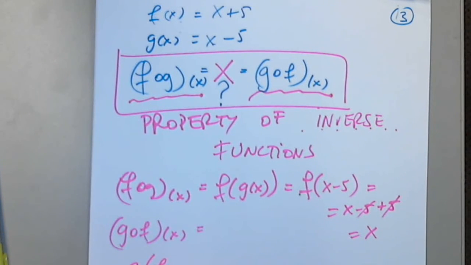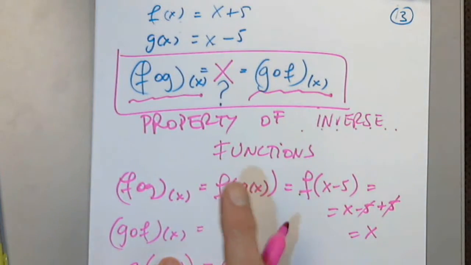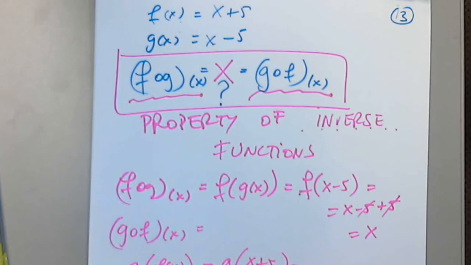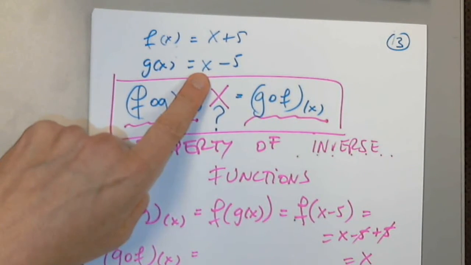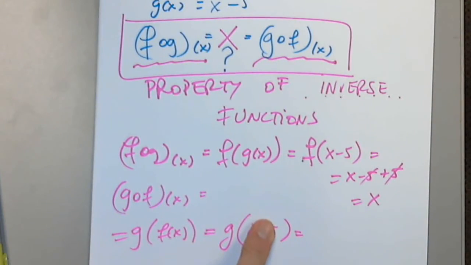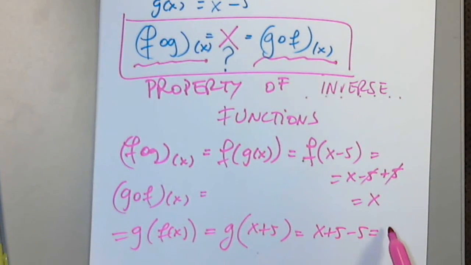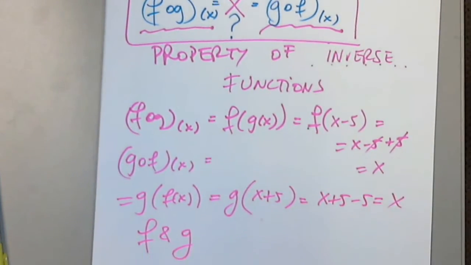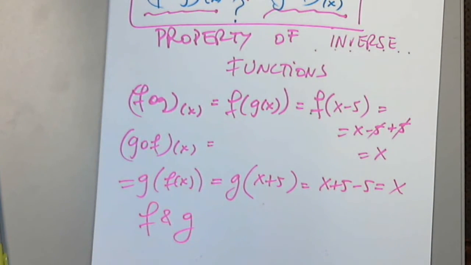So g of f of x. So now I have g of f of x, which is x plus 5. Now I look at g. G says blah minus 5. But this is my blah now. X plus 5 minus 5. What is the answer? So what do you say about f and g? Must be inverses of each other.